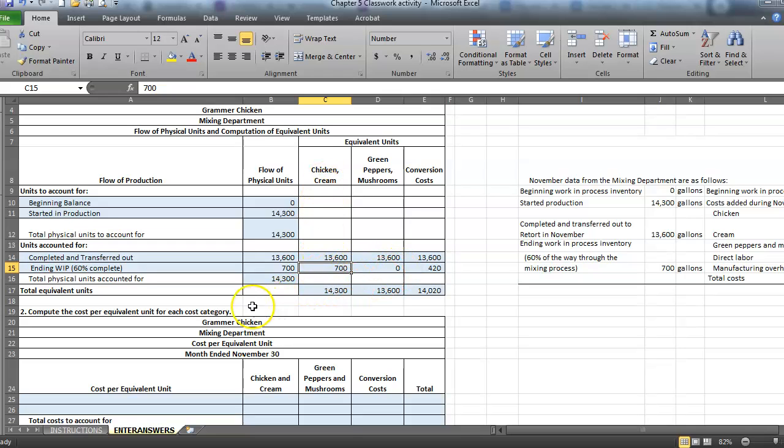We want to calculate the conversion cost associated with it. We know 60% is our ratio. So we're going to multiply the 700 units that are still in process times the 60% to come up with our conversion costs.